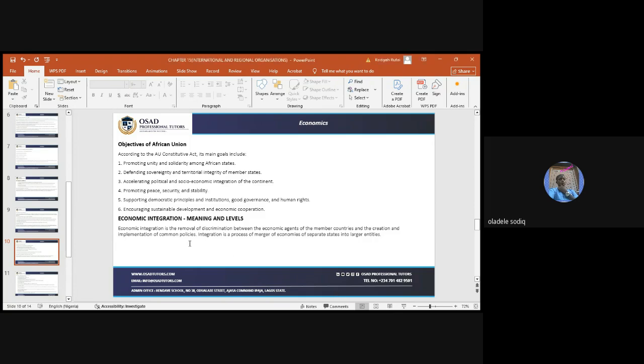So we're looking at economic integration. What is economic integration, and what are the levels of economic integration? Economic integration is the removal of discrimination between the economic agents of the member countries and the creation and implementation of common policies.